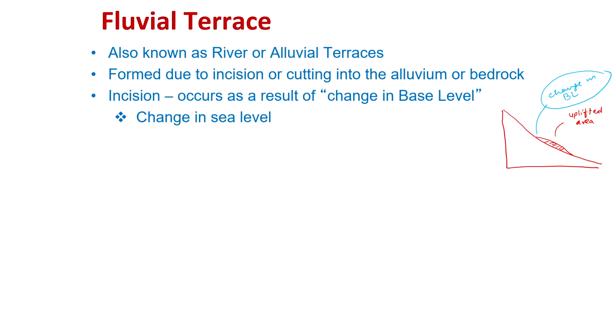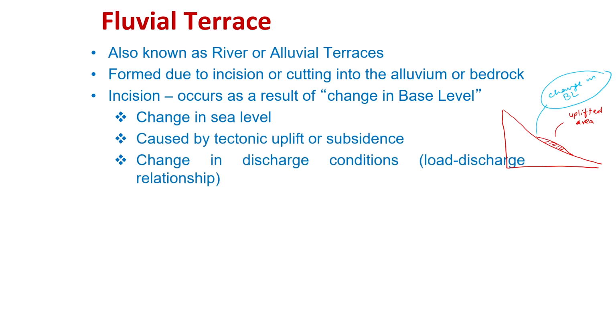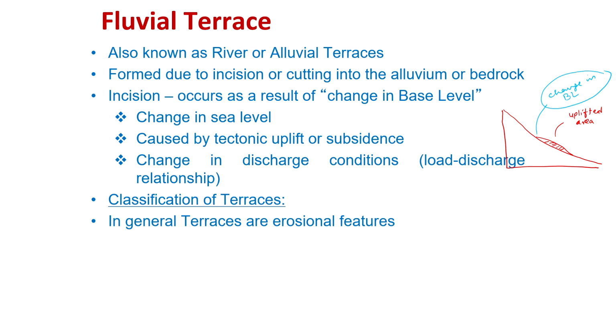The change in base level, as we learned in the beginning, could be due to sea level change caused by tectonic uplift or subsidence, or a change in discharge conditions. If you have excess deposits, that can result in aggradation, which can change the base level, where the cross-sectional area of the channel is reduced.